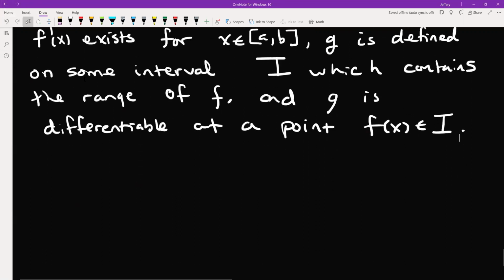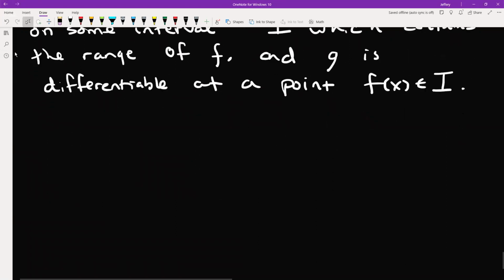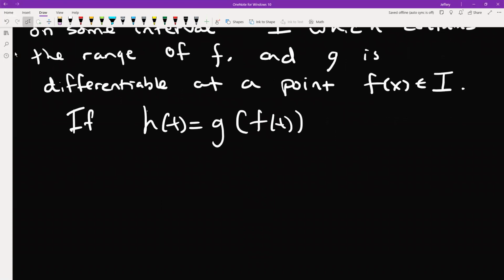Now we're going to do this thing again where we introduce a new function. So we'll say h of t equals g composed of f of t, and here we're going to let t, of course, be in our interval from A to B. So t is in A to B this time.